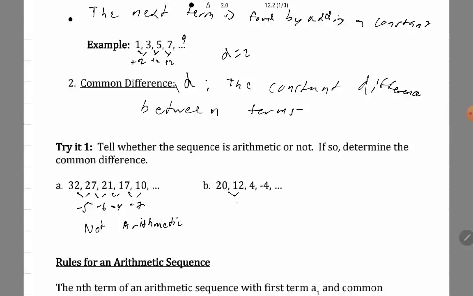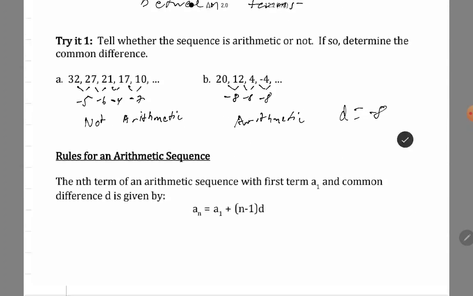Here we have, going down from 20 to 12, we get minus 8. 12 to 4, that's minus 8. 4 to negative 4, that's minus 8. So that is arithmetic, with a common difference of minus 8.